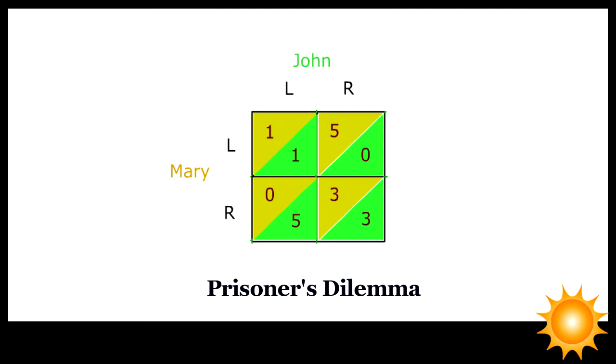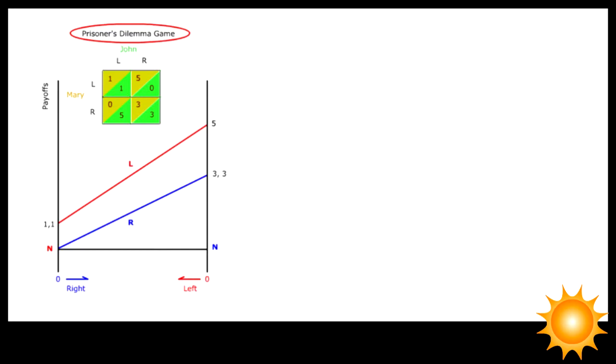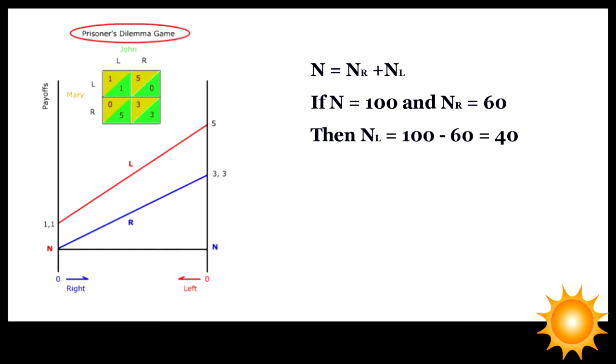choice. But the meaning of this payoff matrix is more apparent if we extend it to a multi-party situation of n persons. The number of persons choosing R increases from left to right, and the number of persons choosing L increases from right to left.